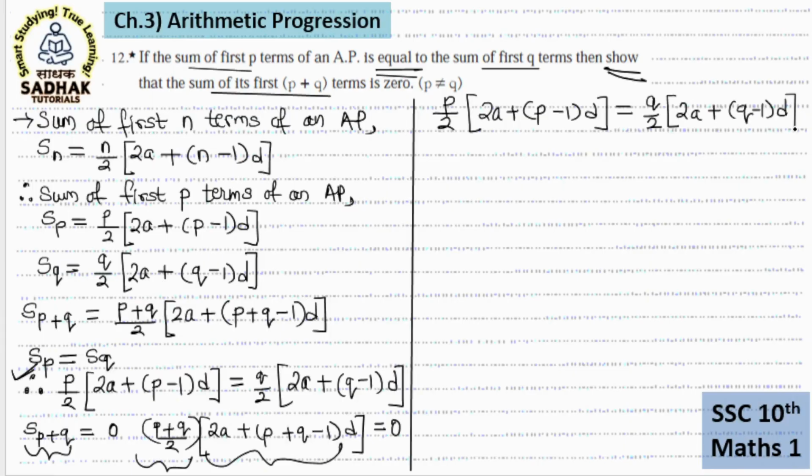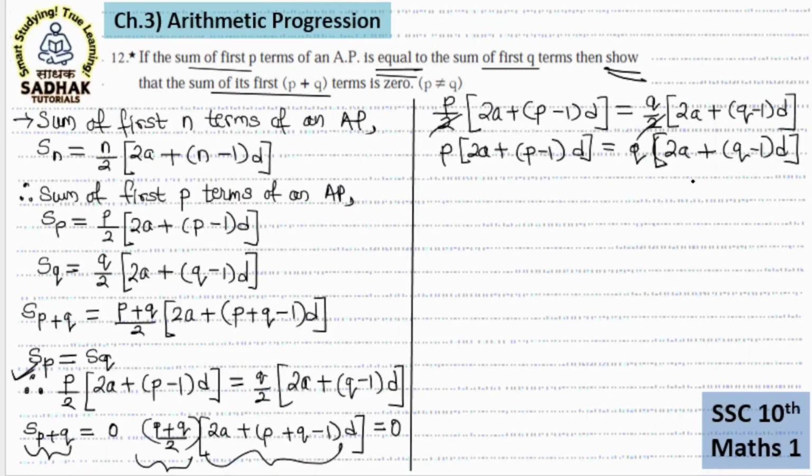Okay, the 2 in the denominator will cancel out. So we have p bracket 2a plus bracket p minus 1 multiplied by d, okay, is equal to q multiplied by square bracket 2a plus q minus 1 multiplied by d.